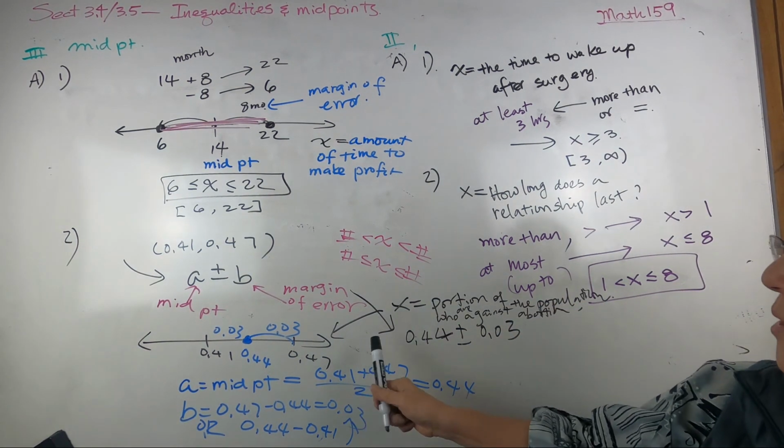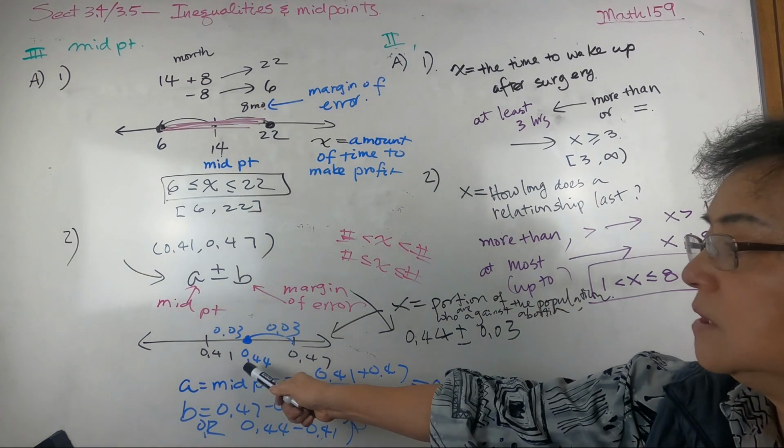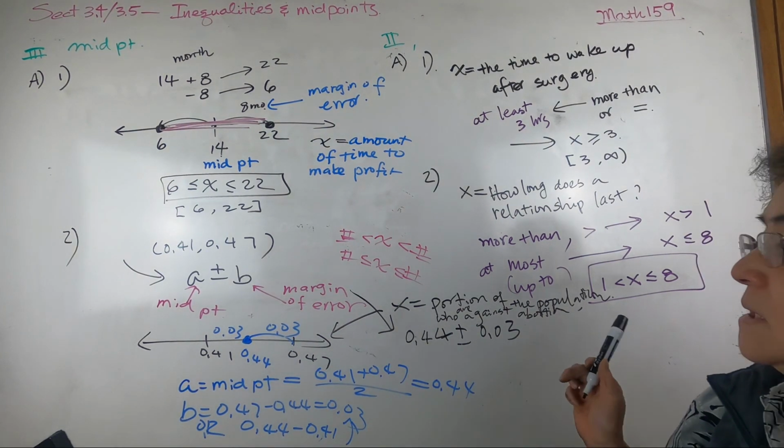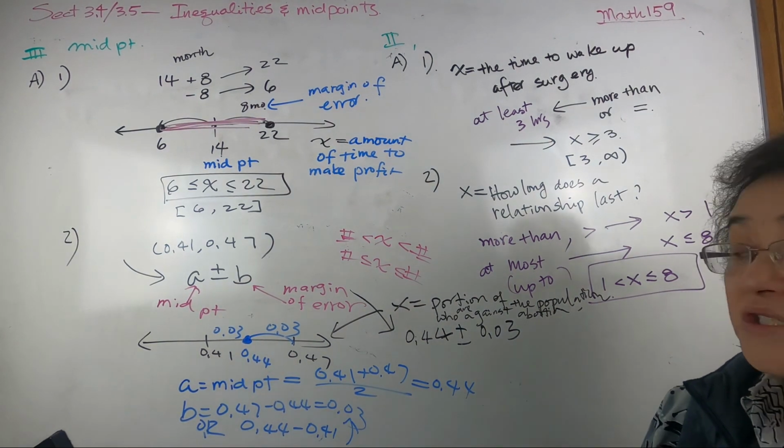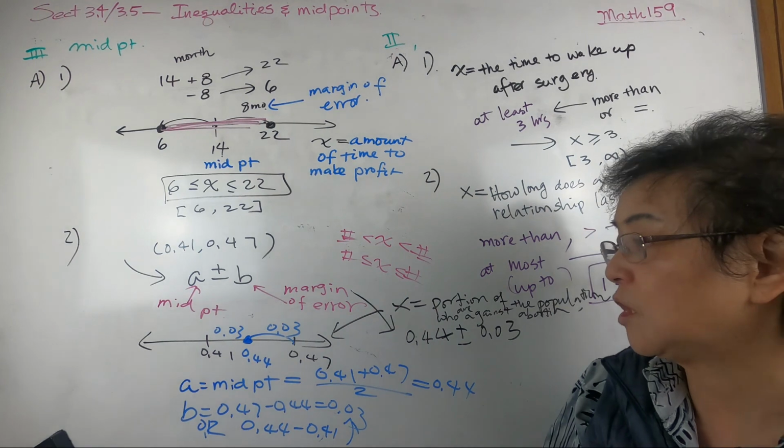That's what we are talking about, the percentage portion of the people against abortion, like 41% to 47%. That's what we are talking about.